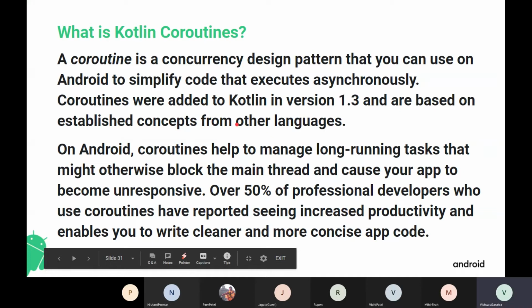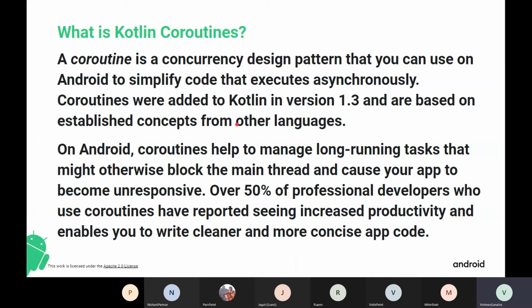So what is the basic difference between a coroutine and a thread? If you know some concepts of operating systems, a thread is also multitasking, but it is preemptively multitasking, while a coroutine is cooperatively multitasking. What is the difference between cooperative and preemptive?